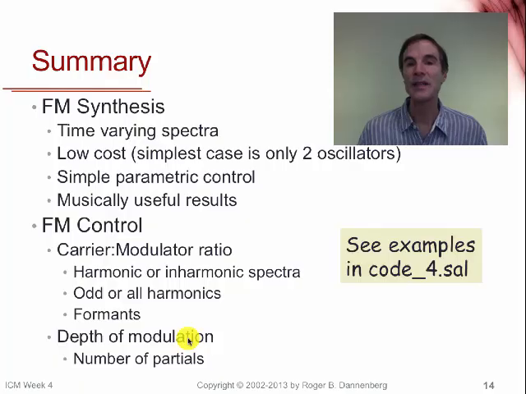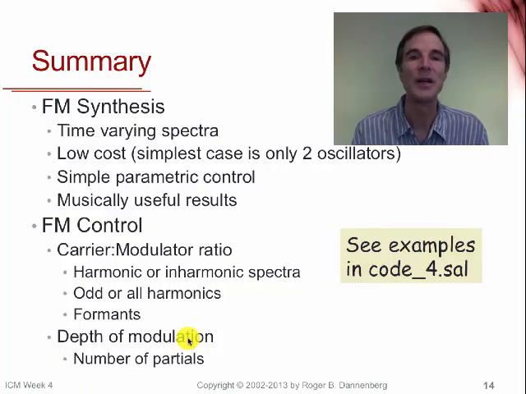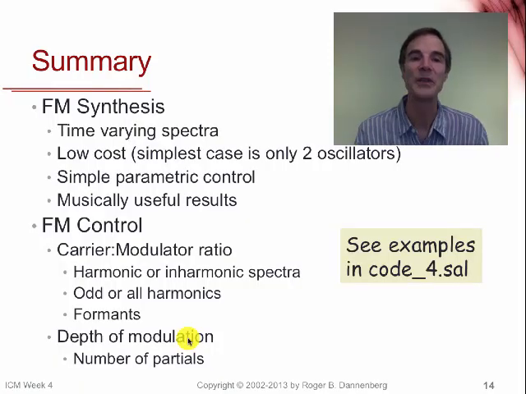We can control these sounds by changing the carrier to modulator ratio, which determines the structure of the harmonics, even harmonics, odd harmonics, all harmonics, inharmonics, and so on. And we can even create simulation of formants or filtering effects.